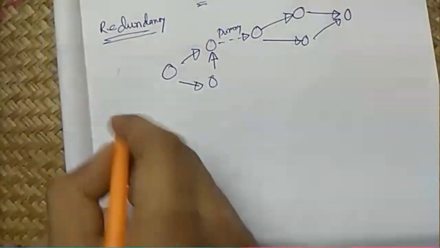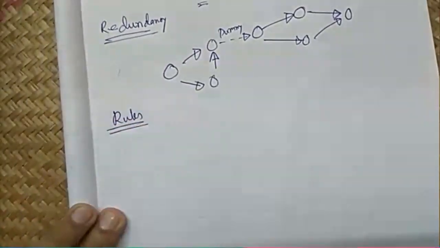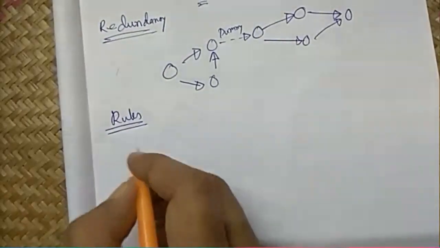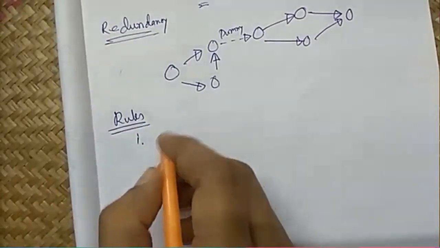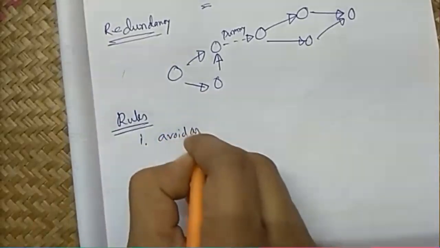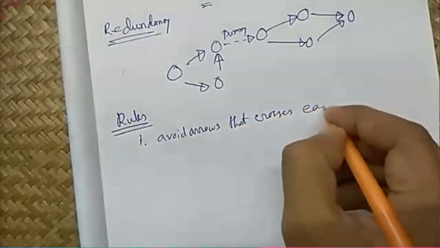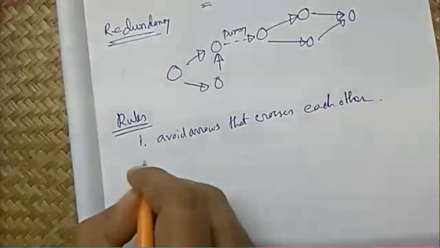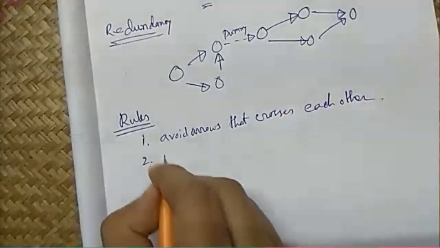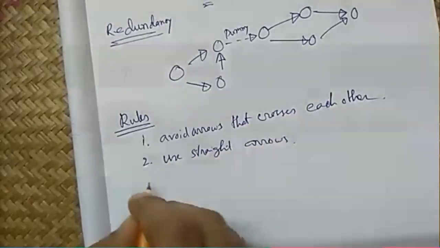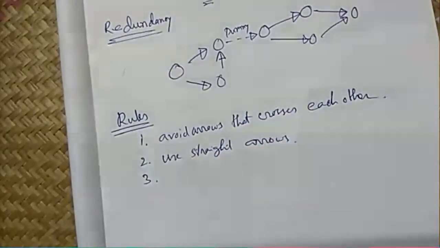Now we have some certain rules on network construction. These are to be followed. First, avoid arrows that cross each other. Number two, use straight arrows only, no curved arrows, only straight arrows.